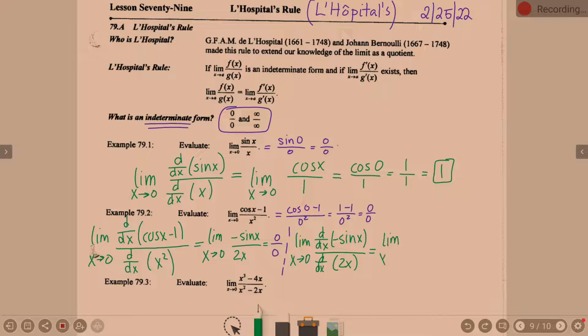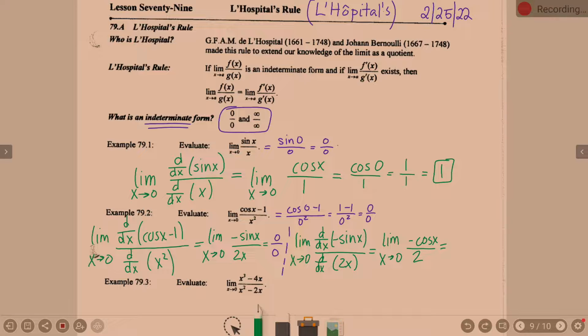So it's still the limit. Notice I keep writing that limit notation in every time so I don't forget to take the limit. Limit as x approaches 0. Derivative of negative sine of x is negative cosine x. Derivative of 2x is 2. Oh, well, that's reassuring at least. We don't have another loop of L'Hopital's coming. Okay, plug in the 0.